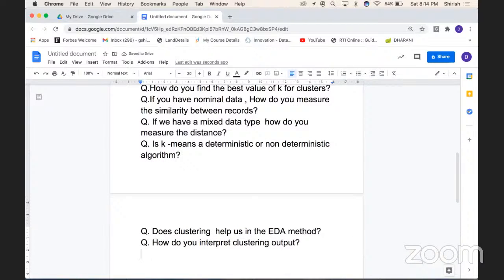Now, the next question would be, what is the minimum number of variables required to perform clustering? What is the minimum number of features? Maximum, minimum, standard deviation, variance are calculated to interpret clustering output, exactly.